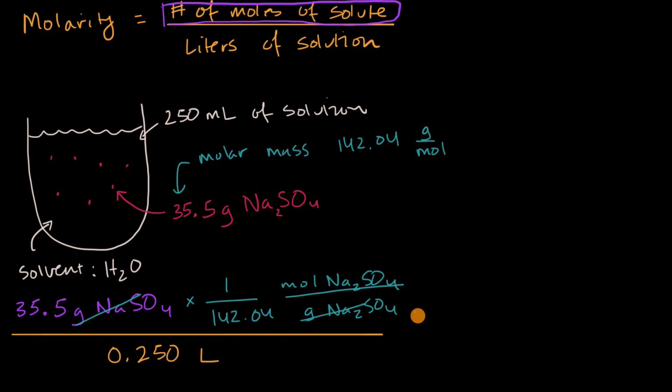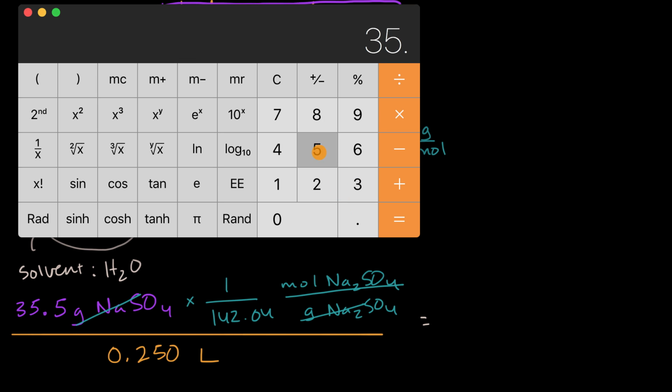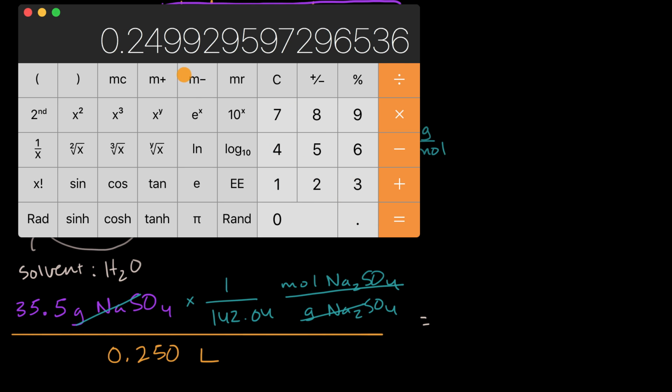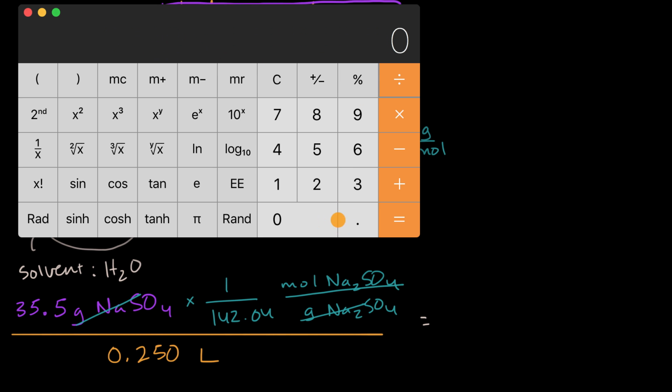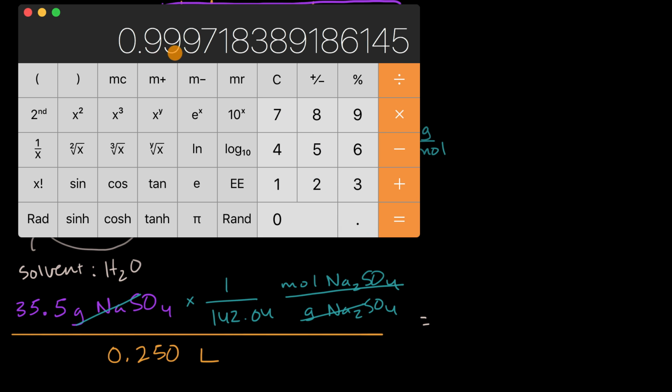Now we can just use our calculator. 35.5 divided by 142.04 equals that, and then we divide that by 0.25. I could just throw a 0 in there, and that gets us that right over there.